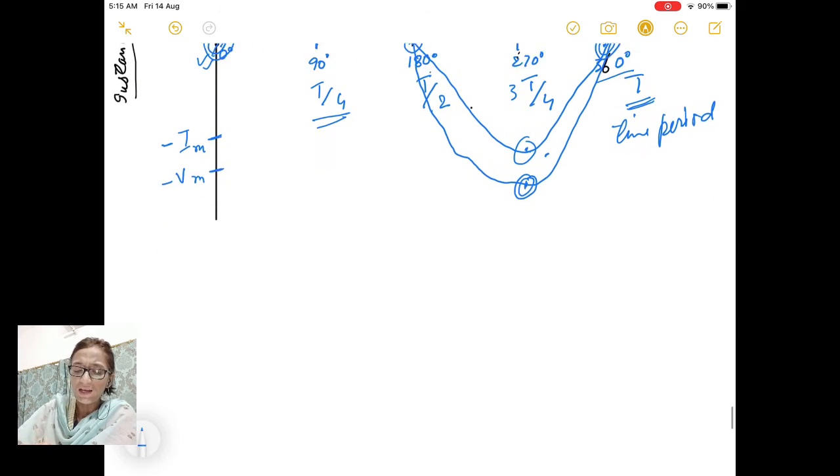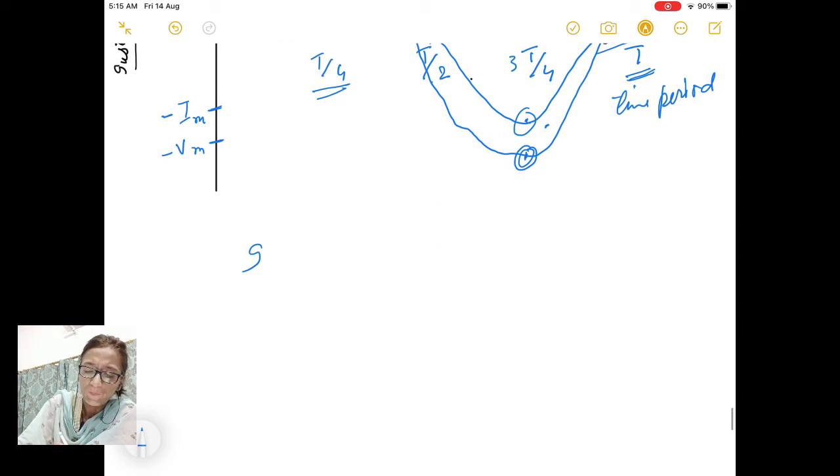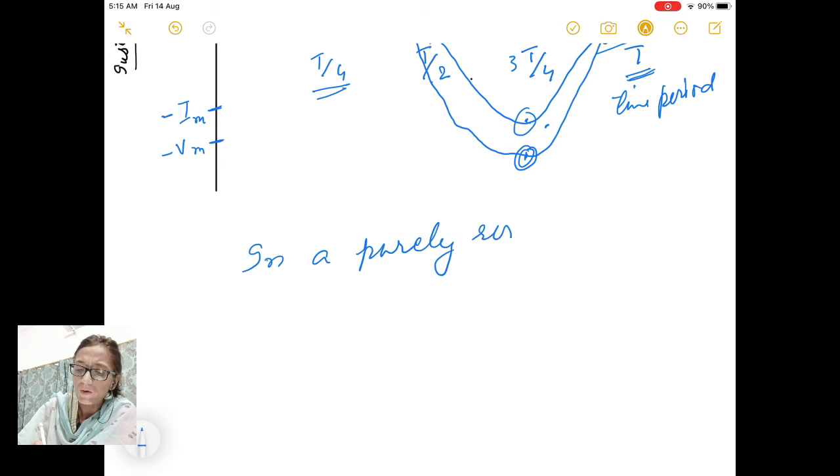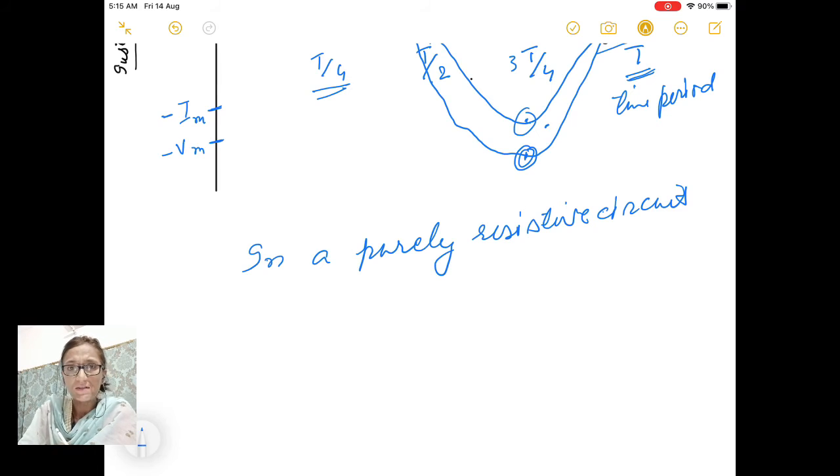So in a purely resistive circuit, instantaneous current and instantaneous voltages are in phase.